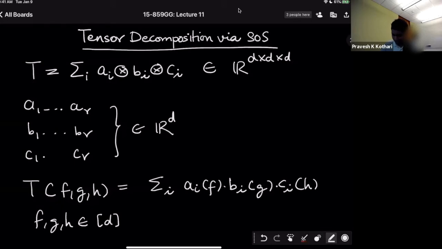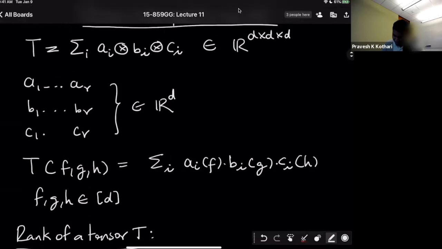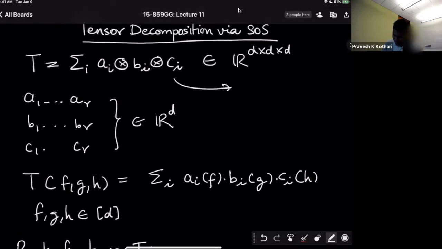Now, one notion I need is the rank of a tensor. The example I looked at is a tensor of order 3. Order just means the number of indices that are required to describe a single entry of the tensor.